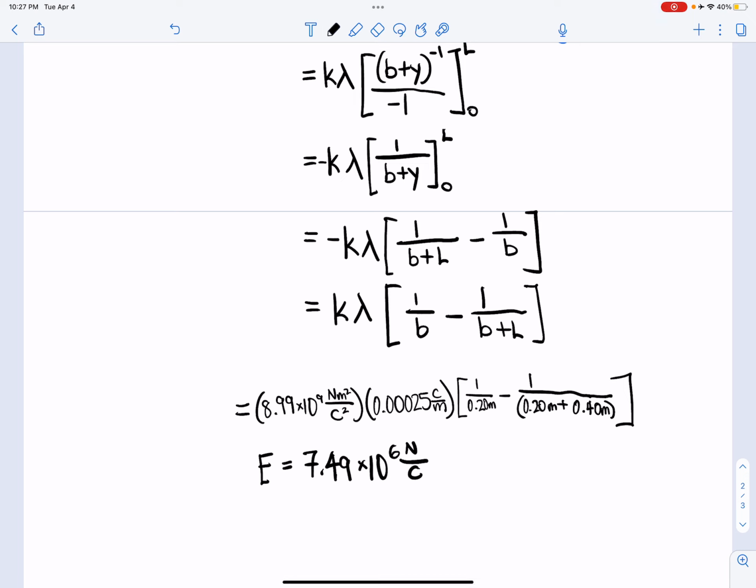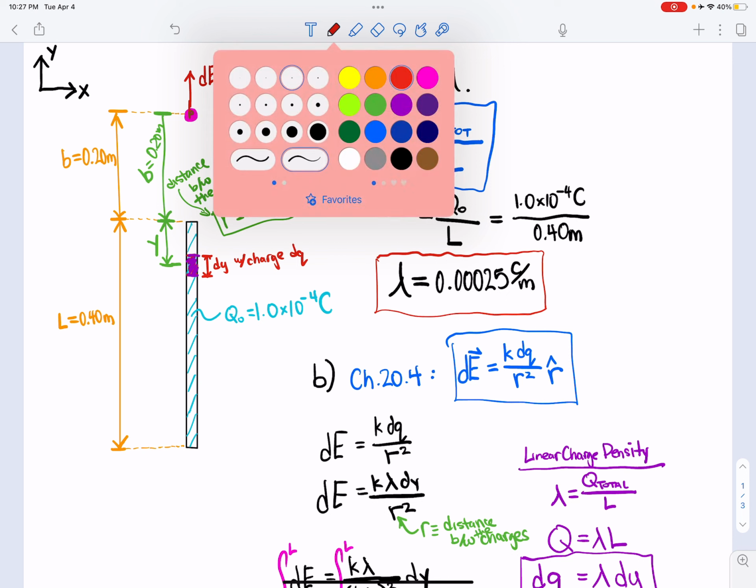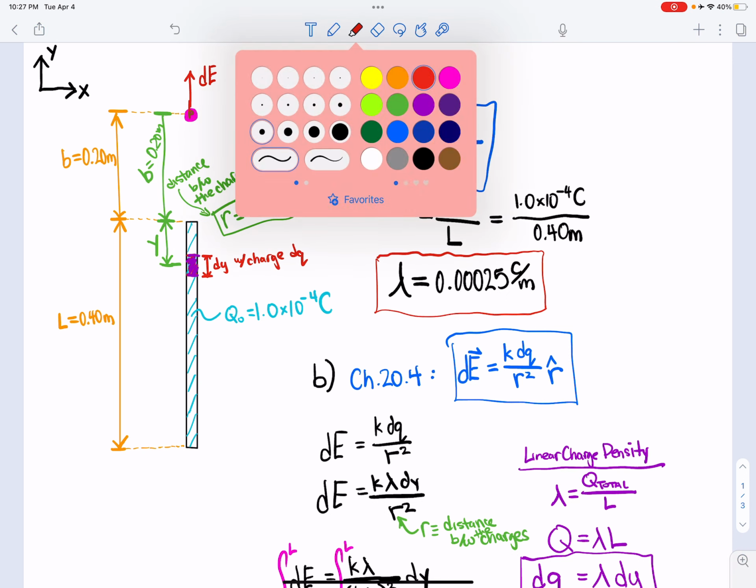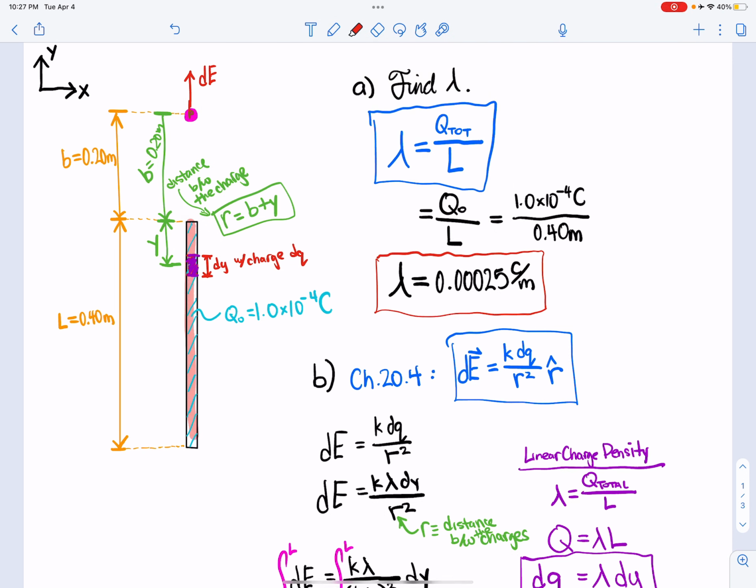But that's just the magnitude of the electric field. Well, it is saying positive, but we can confirm that too, because we know that this whole rod has a positive charge, right? 1 times 10 to the minus 4 coulombs, but it's positive.